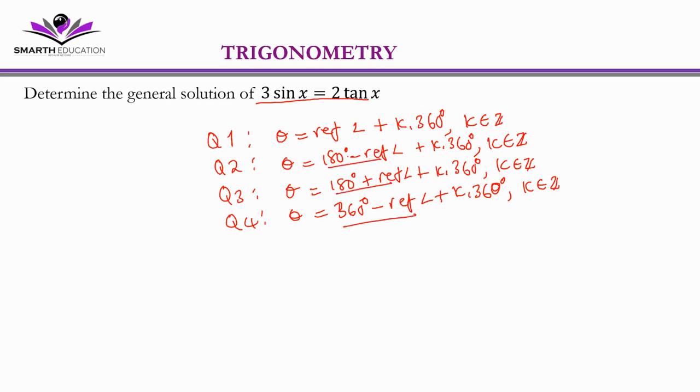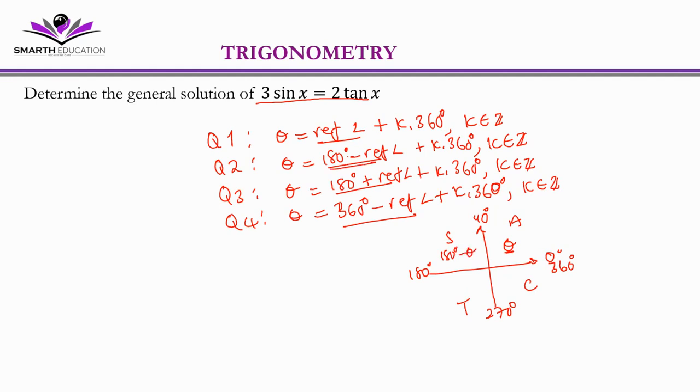Just remember that we are getting these from the CAST diagram. Remember the CAST diagram: 0, 90 degrees, 180 degrees, 270 degrees, 360 degrees. Here we have theta, which is our reference angle, and then 180 degrees minus theta.